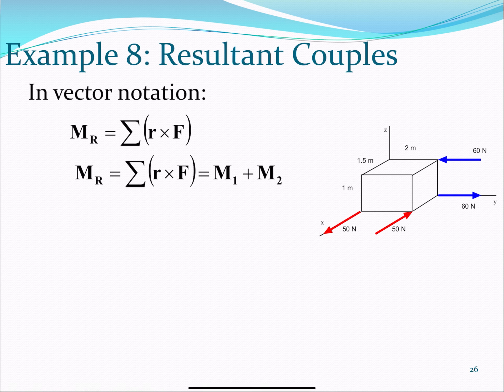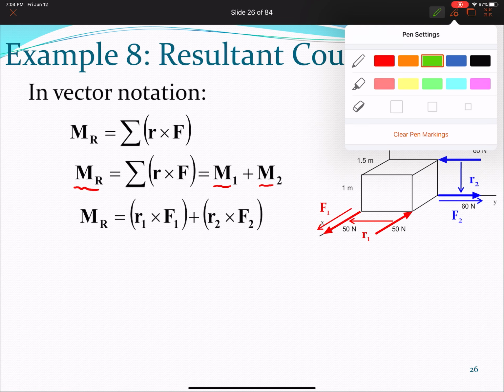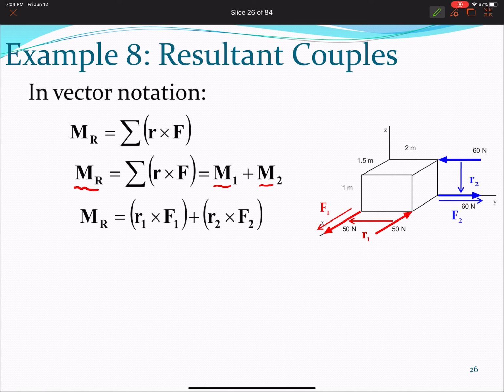So I have here, in terms of an equation, that the resulting moment has to be equal to the moment caused by the first couple plus the moment from the second couple. So in these two couples, I have gone ahead and decided which R I'm going to use.